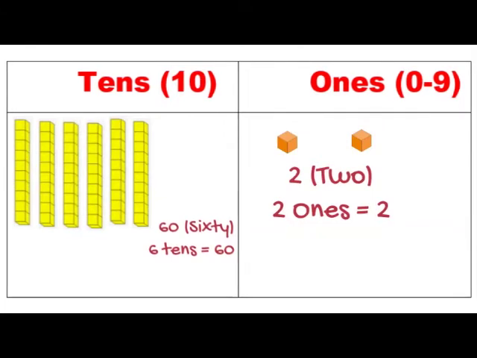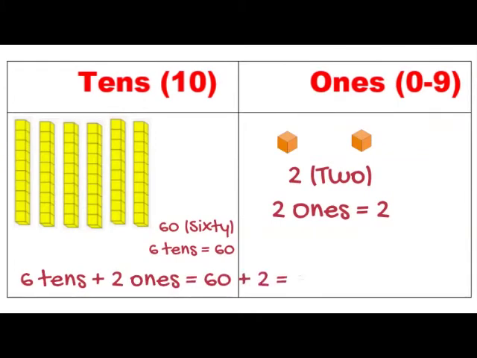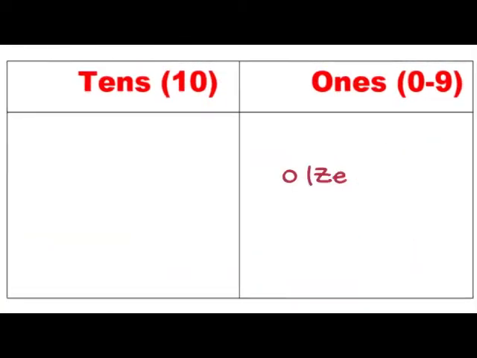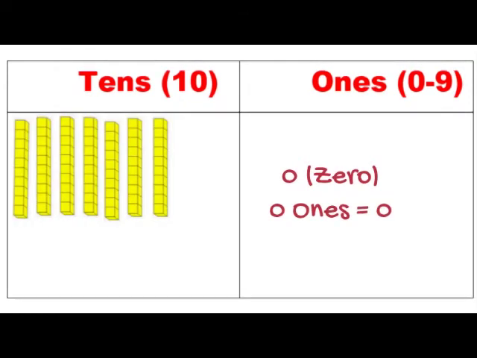And how do we write this number? 6 tens plus 2 ones is equal to 60 plus 2 is equal to 62. So 62 is the number name, and 60 plus 2 is the expanded form of the number 62.